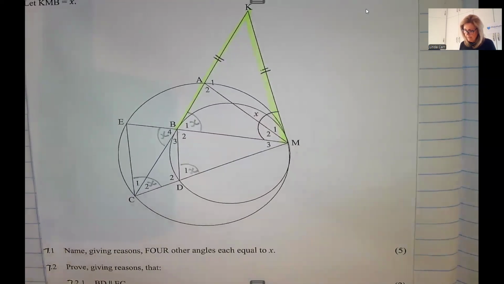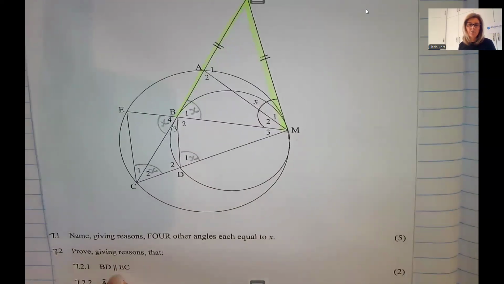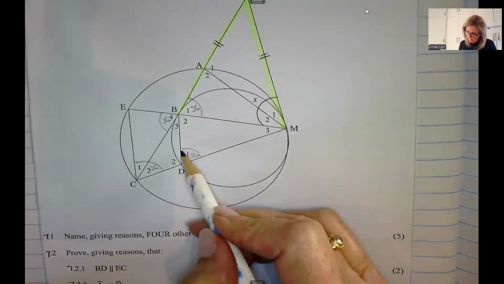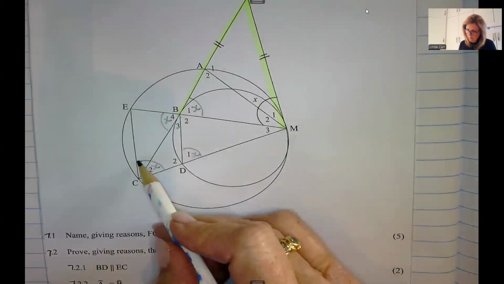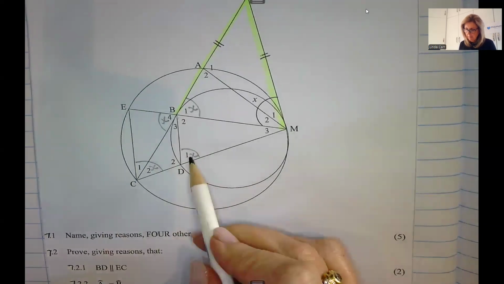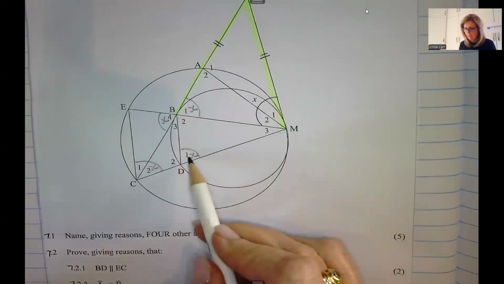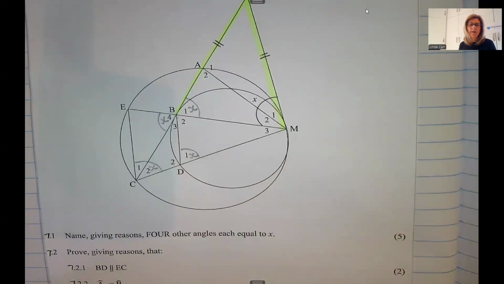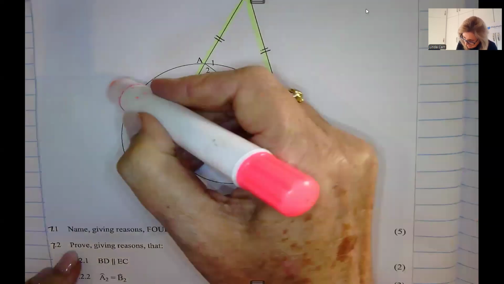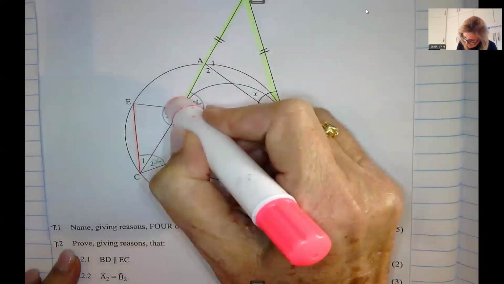All right, so now for an easy 2 marks, they want us to prove that BD is parallel to EC. So you've proved that D1 is X, you've proved that this whole angle ECD is X, but these happen to be corresponding angles, and therefore the 2 lines have to be parallel.